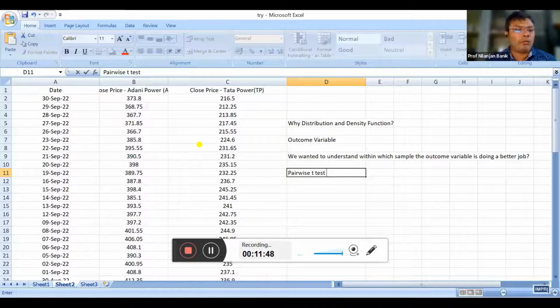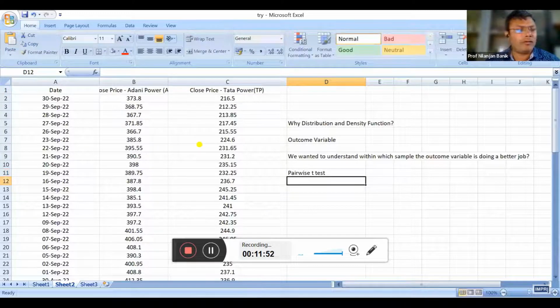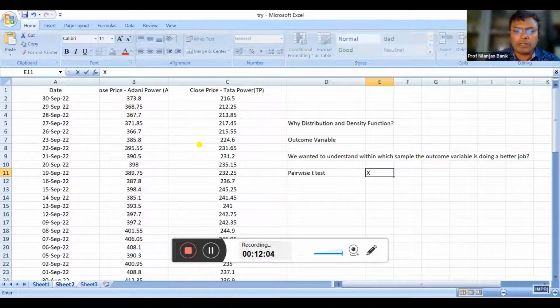Okay, now the formula for this pairwise t-test, I don't remember whether I have given it in the previous class. It's basically x1 bar, let me write it down, x1 bar less x2 bar over.